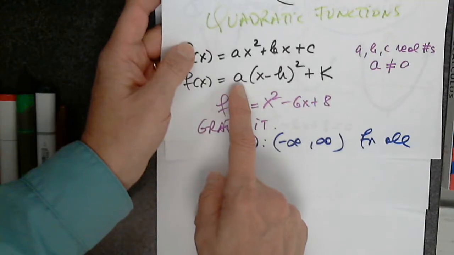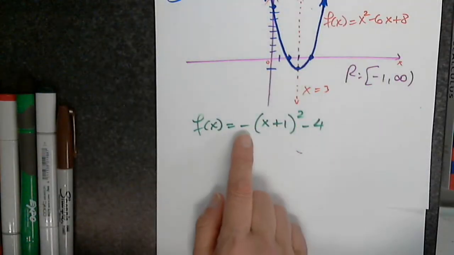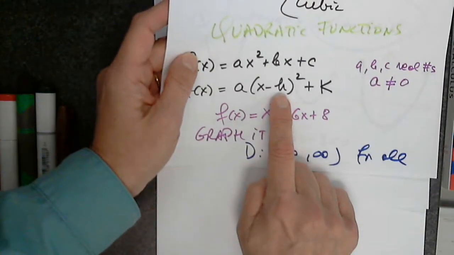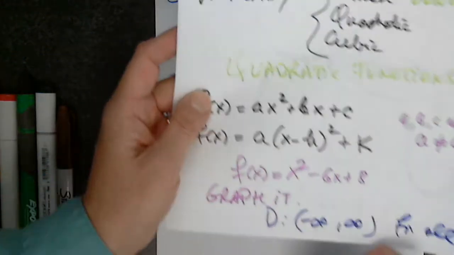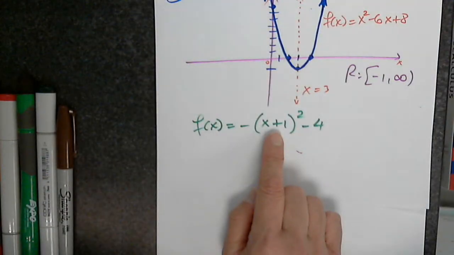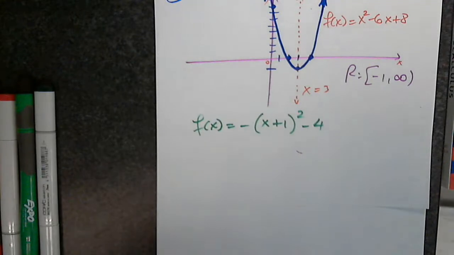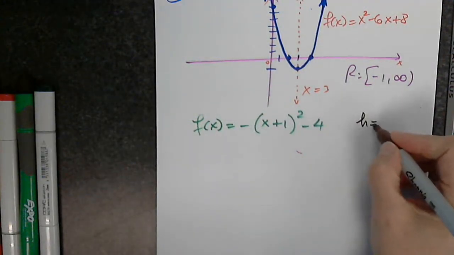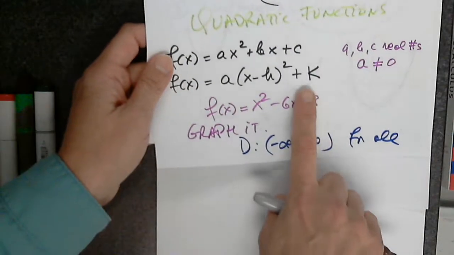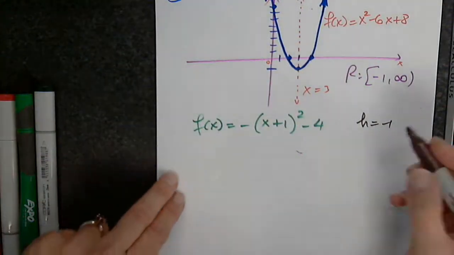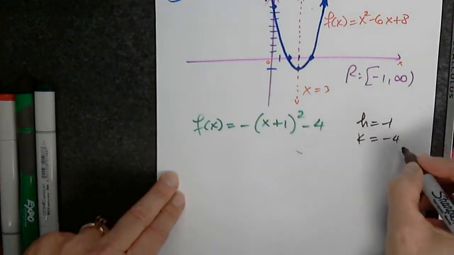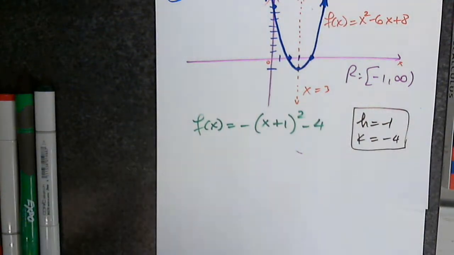Can anyone identify the leading coefficient? -1. Can anyone identify, carefully, h? Careful. -1 indeed. So yes, indeed, h is -1. Can anyone identify k? -4. Write them on the side and leave them alone for a second.